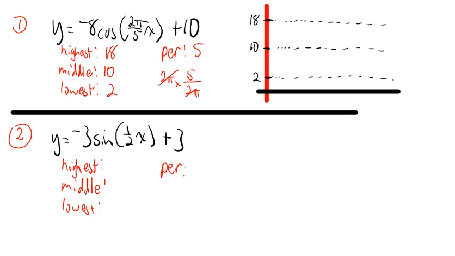So now I'm going to draw my shape. It's a negative cosine, so I'm going to start at the lowest, then I'm going to be on the midline, then the highest, then the midline, and then the lowest. Flat coming out of the bottom, flatten a little bit going into the top, flatten going into the bottom.